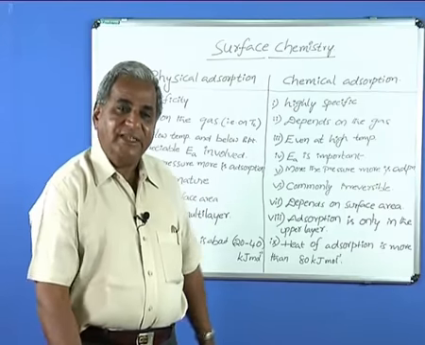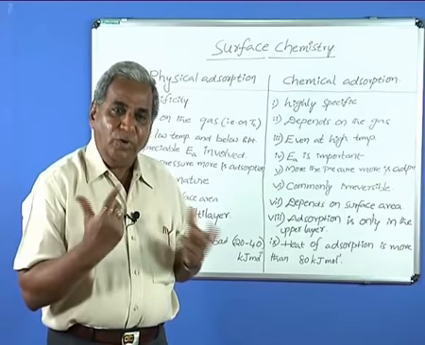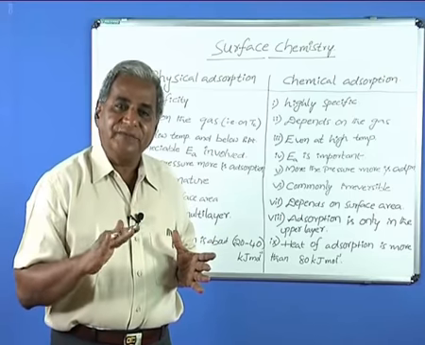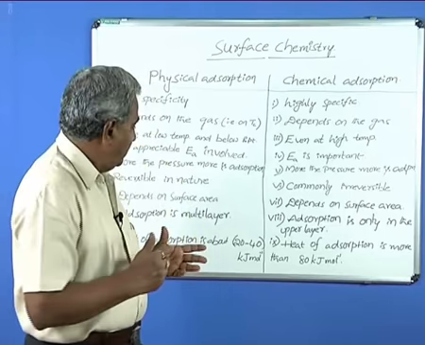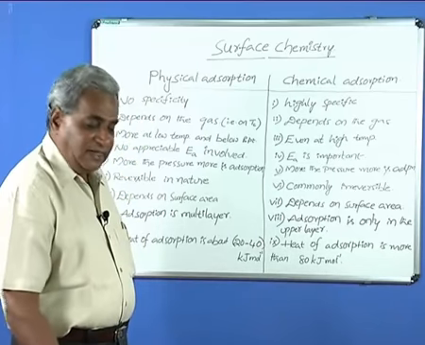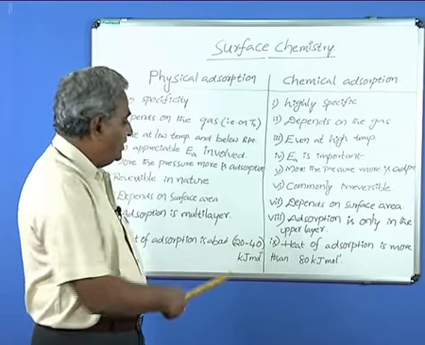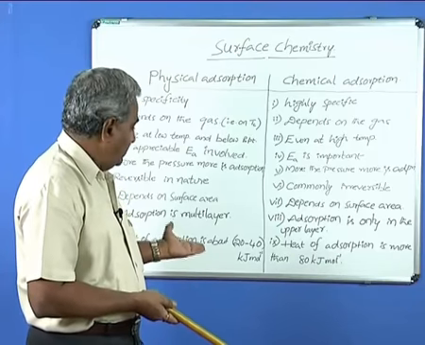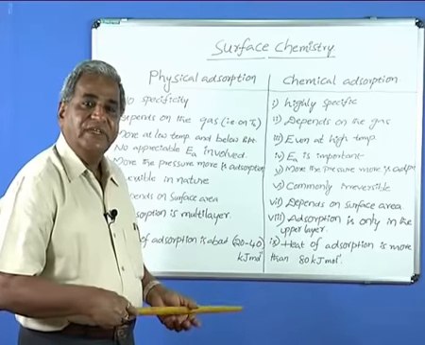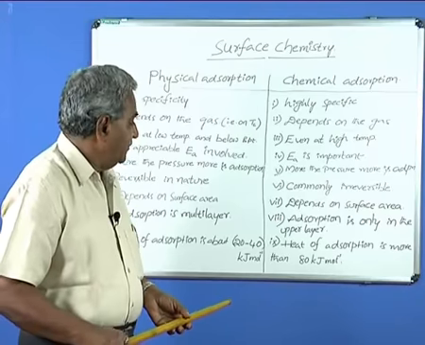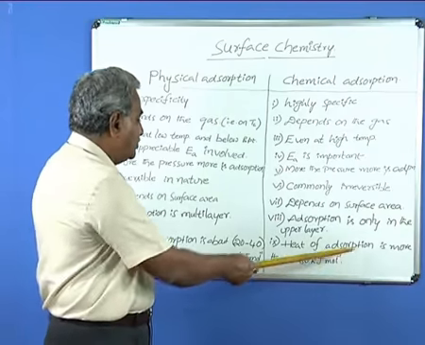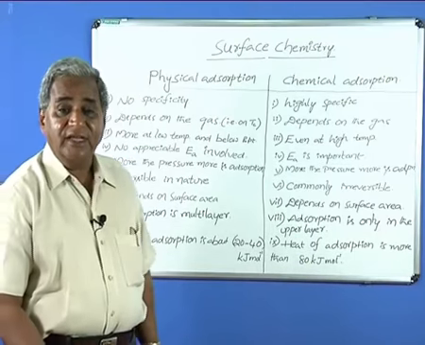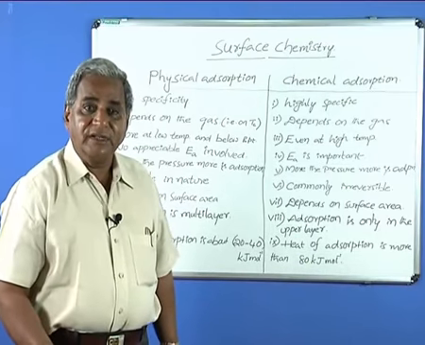The heat energy evolved when 1 mole of the substance is adsorbed on the surface of the adsorbent. Per every mole, the energy liberated is hardly 20 to 40 kilojoules per mole. That is almost van der Waals forces, very, very weak forces. That's why they don't liberate much energy. Whereas heat of adsorption is more than 80 kilojoules per mole regarding chemisorption.